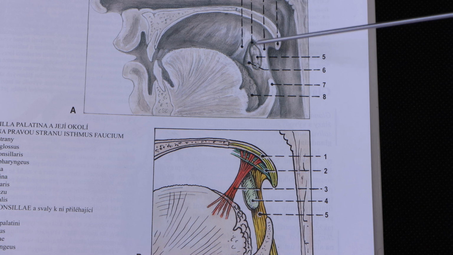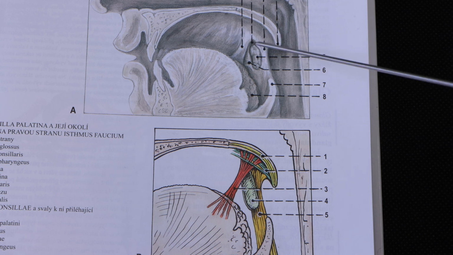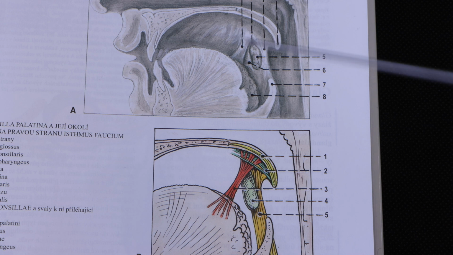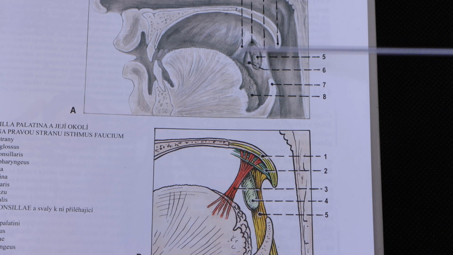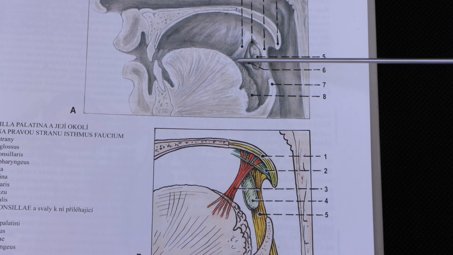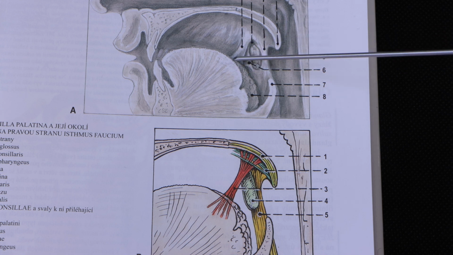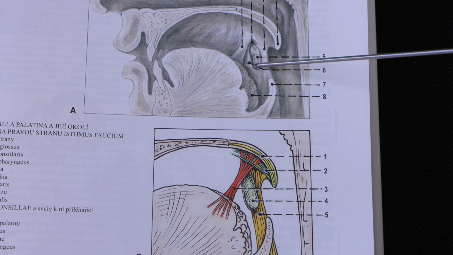Superiorly, above the tonsillar fossa, there is a fossa called the supratonsillar fossa, and above that there is a fold called the semilunar fold, or plica semilunaris, which borders the palatine tonsil superiorly. At the place where the palatoglossal muscle attaches to the root of the tongue, which we said can be a muscle of the tongue or of the soft palate, there is a fold called the triangular fold.